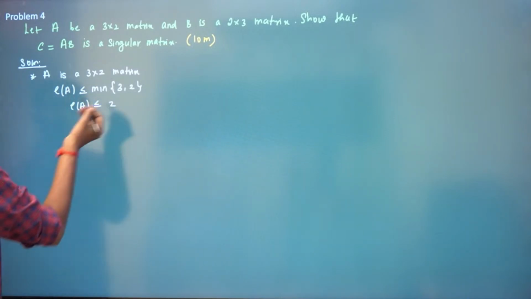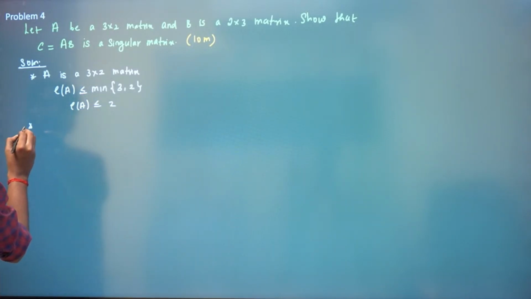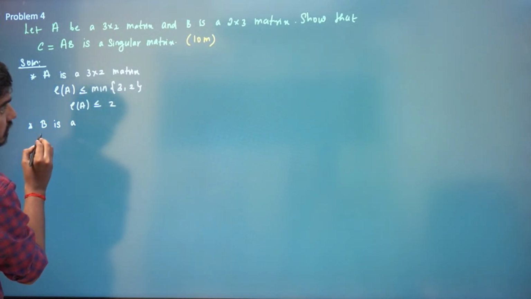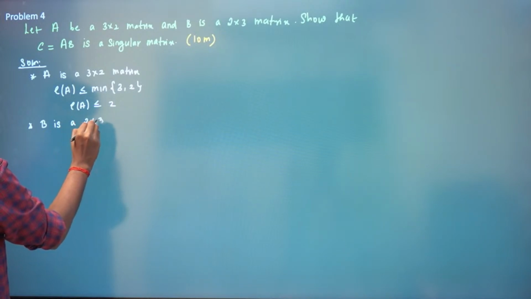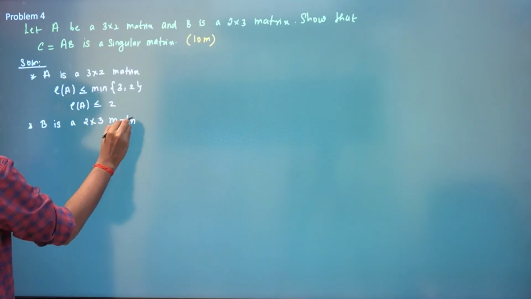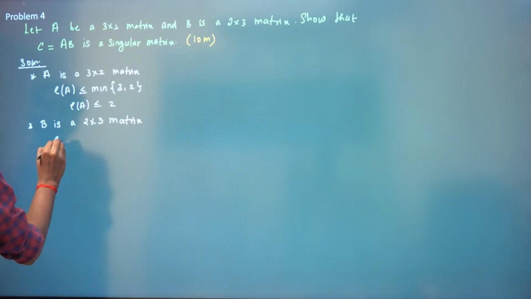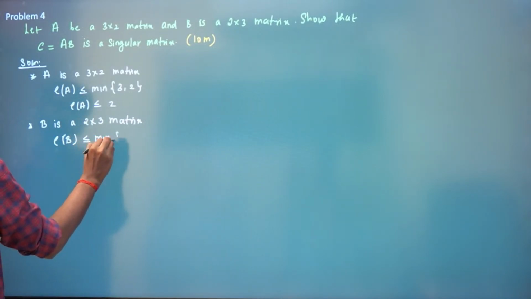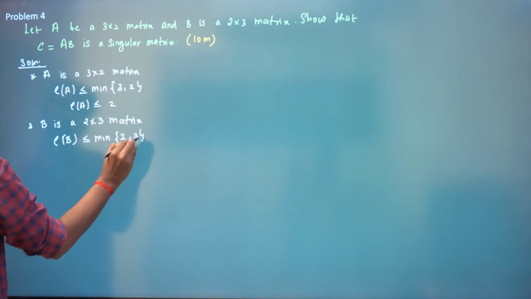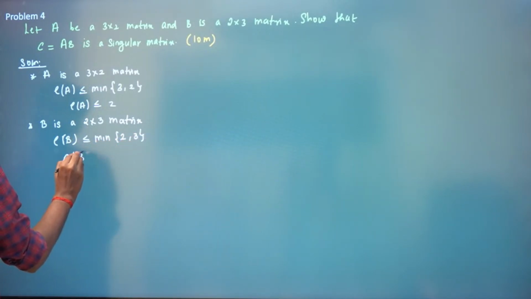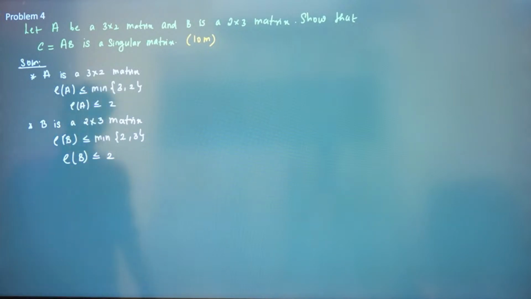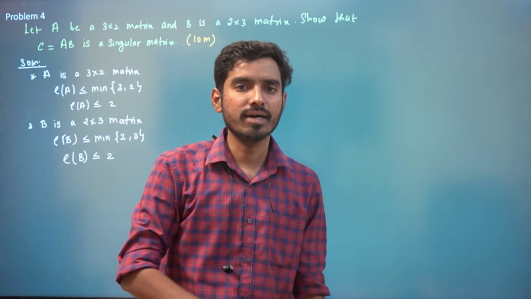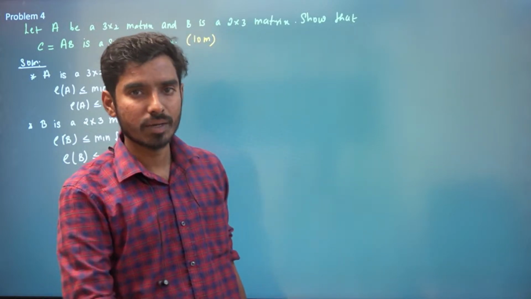Now B is a 2 cross 3 matrix, so rank of B is always less than or equal to minimum of 2 comma 3, so rank of B is always less than or equal to 2. If A is an m cross n matrix, rank of A is always less than or equal to minimum of m comma n.